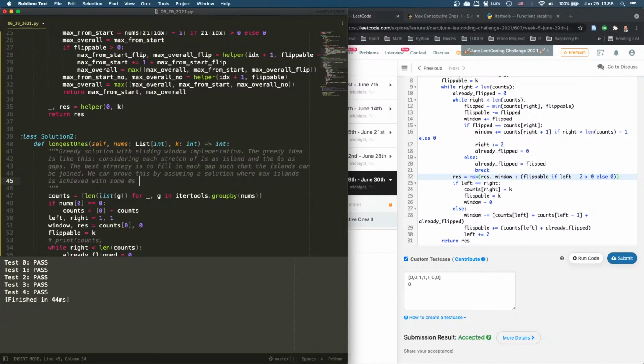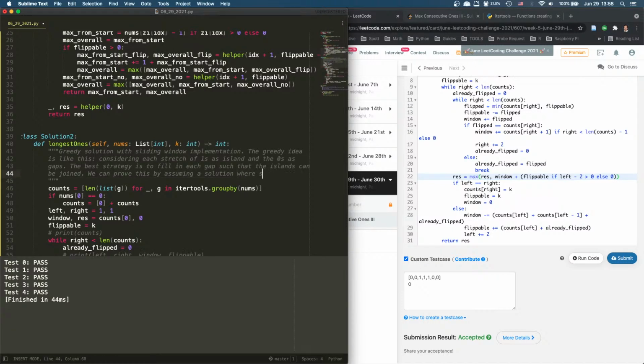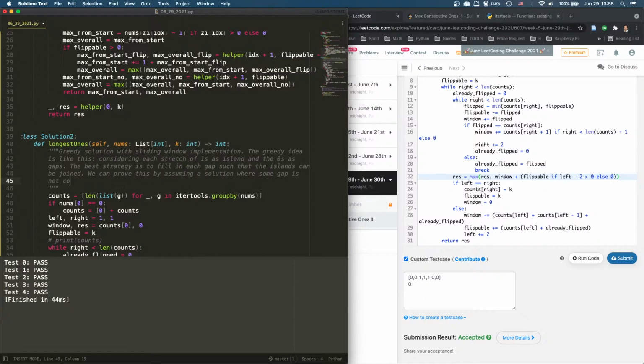How should I express this? You can prove this by assuming a solution where some gap is not completely flipped, while we still can.